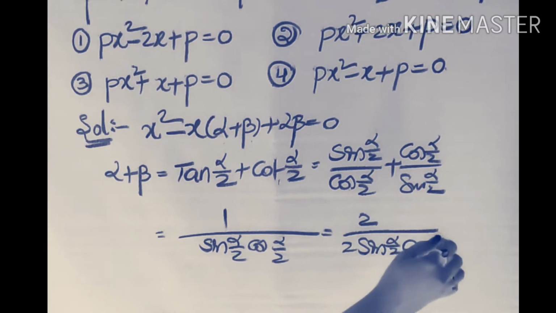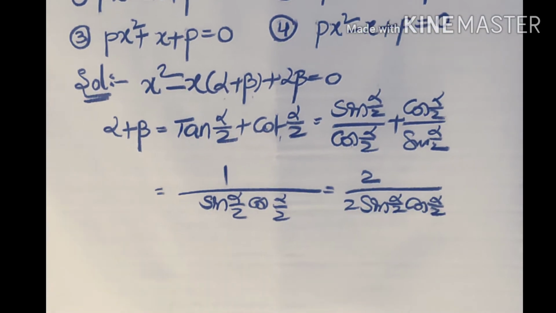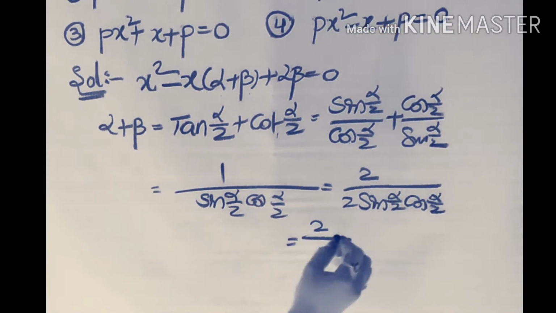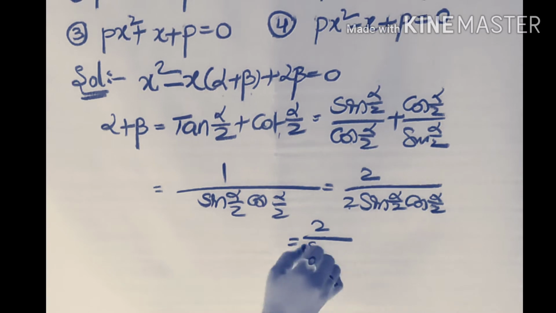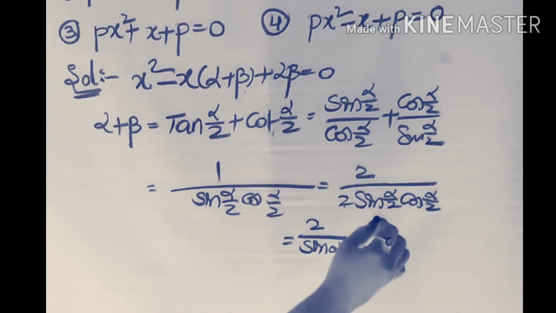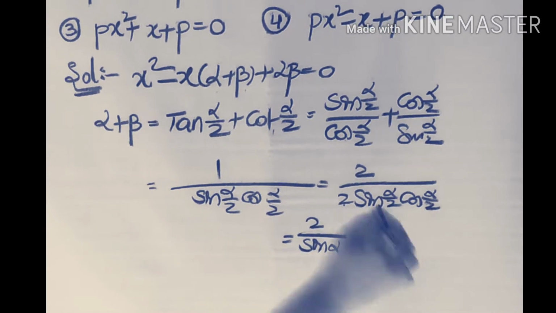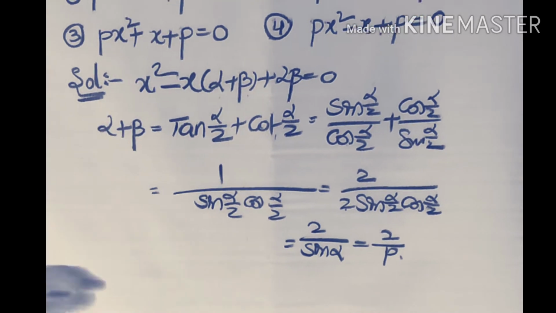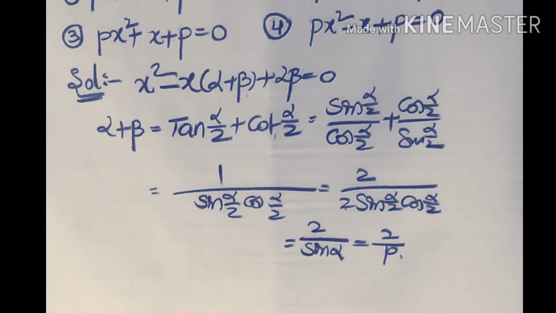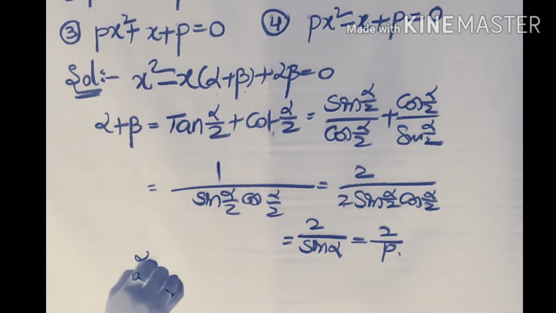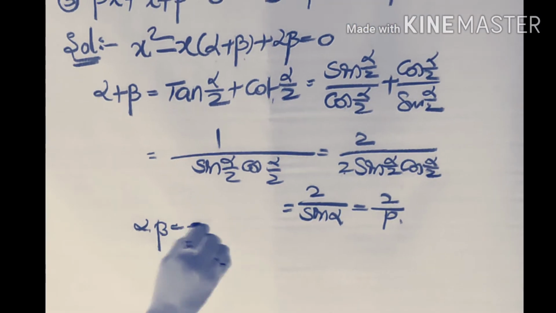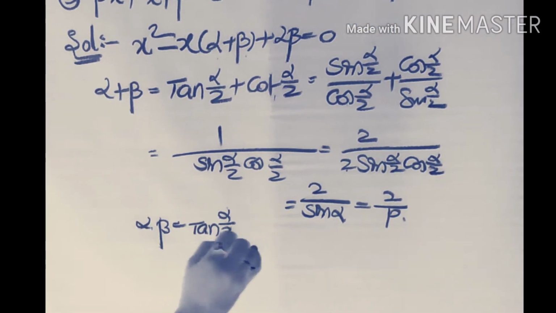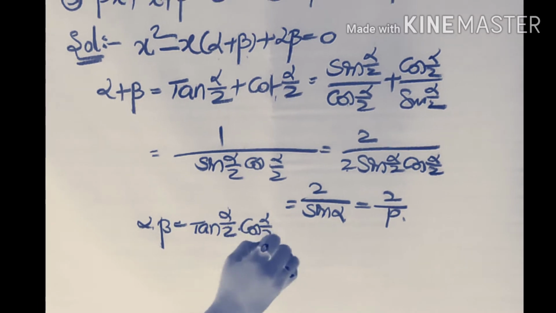Applying 2 to this term, that is 2 by 2 sin alpha by 2 cos alpha by 2, which is equal to 2 by sin alpha, and this is equal to 2 by p, since it is already given that sin alpha is equal to p. And alpha into beta is equal to tan alpha by 2 into cot alpha by 2, that equals 1.